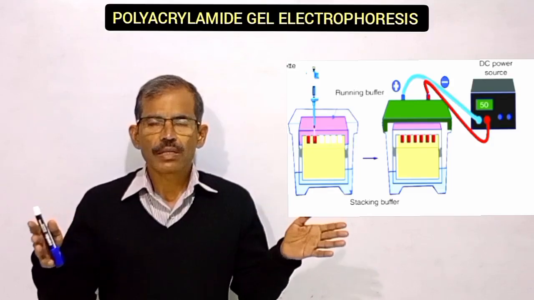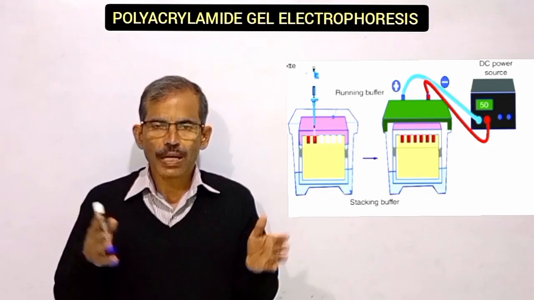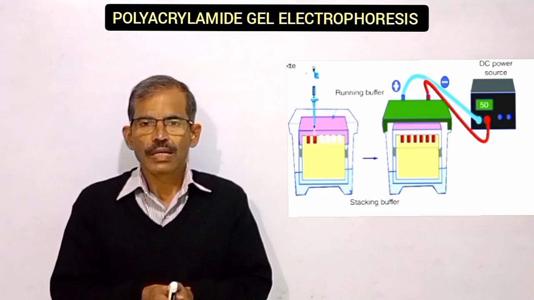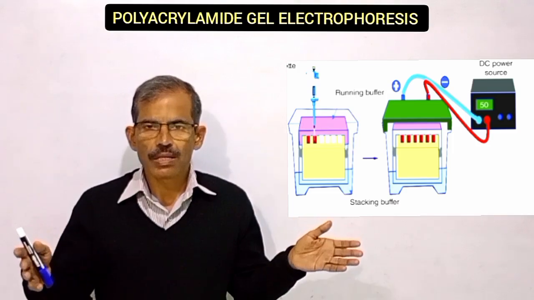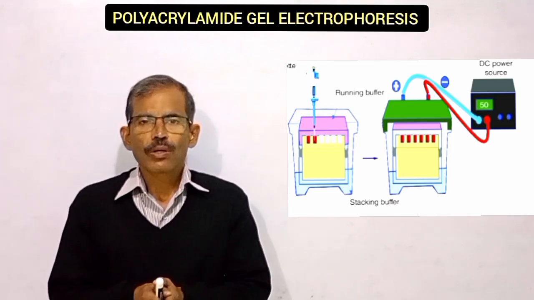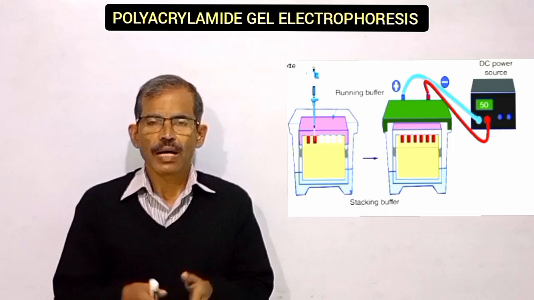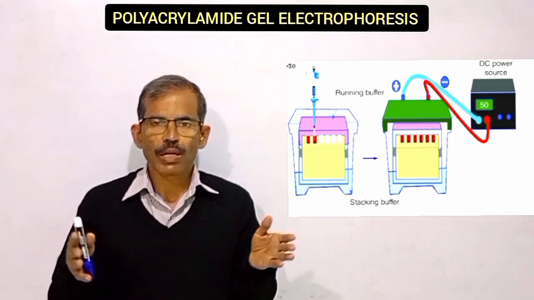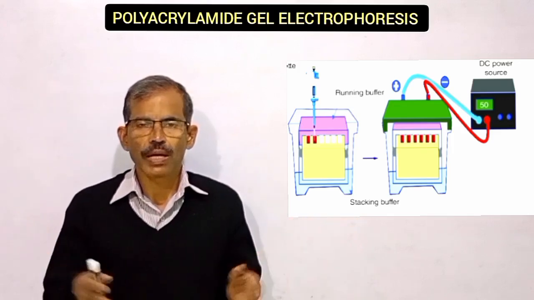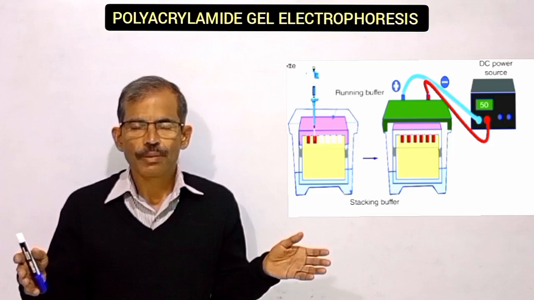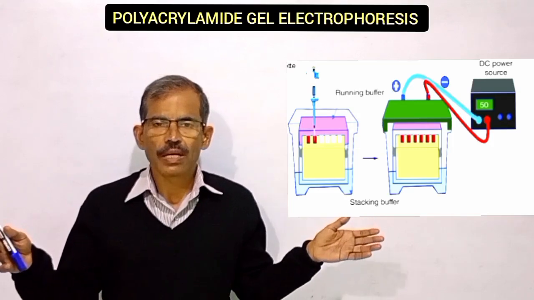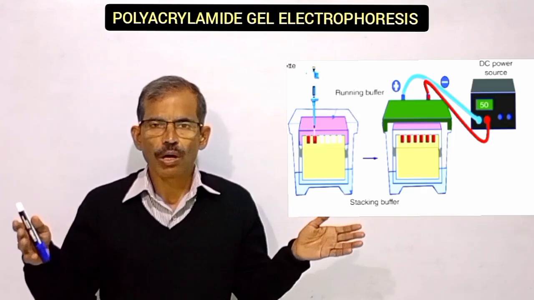The gel matrix is a porous mechanical support that is used as a stabilizing medium. Because of the gel matrix, the convection current as well as the diffusion effect is minimized. This results in sharper resolution of sample components.